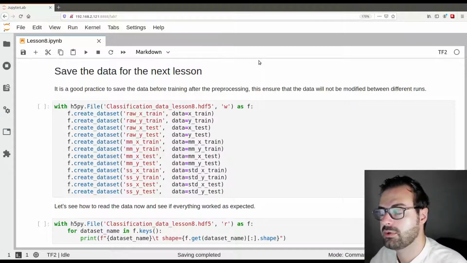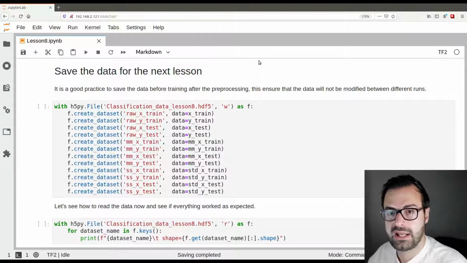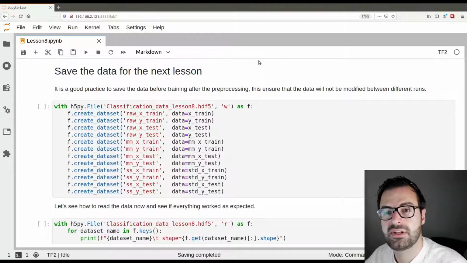So usually what we do with the data is we analyze the data, we do some pre-processing, we try different techniques, and then we save this data. Why do we do this and not do it on the fly? Because we want to make sure that when we train, since we need to train different times and make some considerations and adjust some parameters of the network, the differences are coming from the adjustments in the network and not from the data.